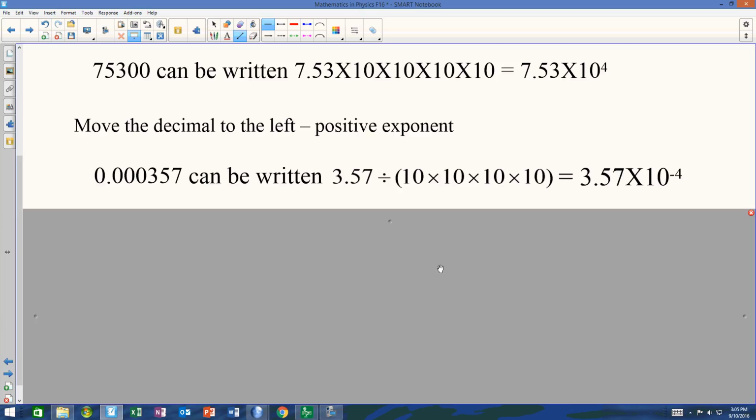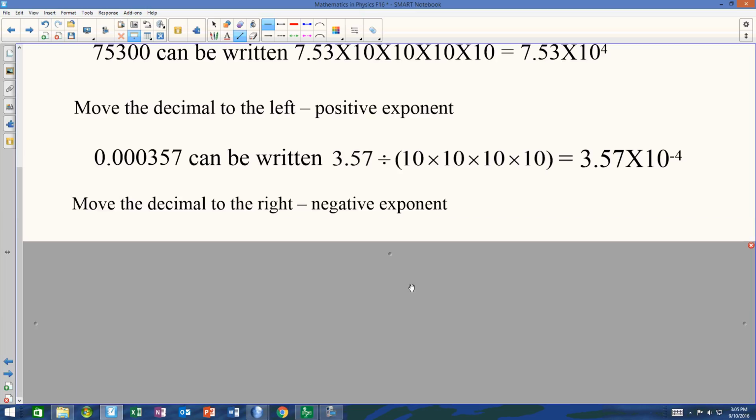So really what I'm doing is I'm taking 3.57 and I'm multiplying by 10 to the minus 4, or I'm dividing by 10 to the 4. And remember, when you divide by a power, you just end up subtracting that power. So when we move the decimal to the right, we're going to have a negative exponent for the number of places we move it.